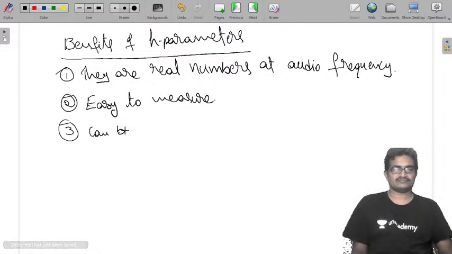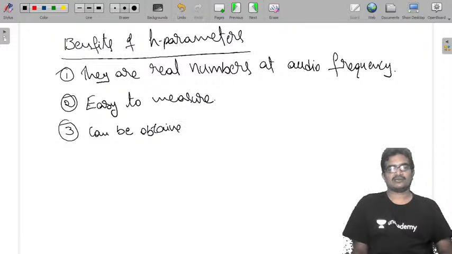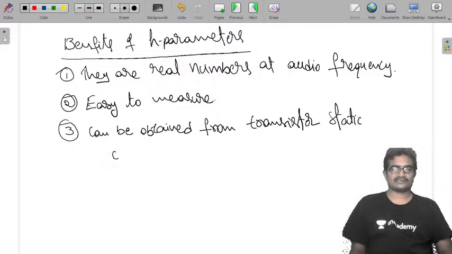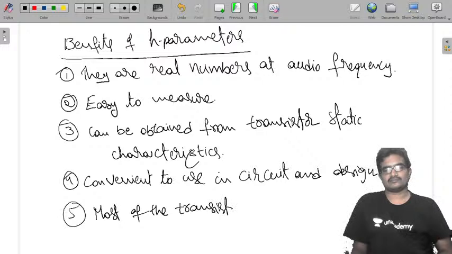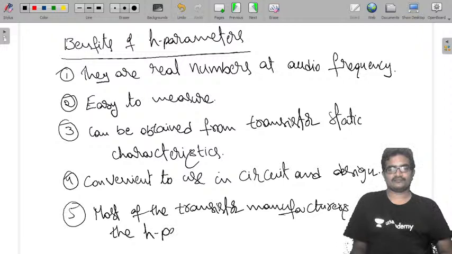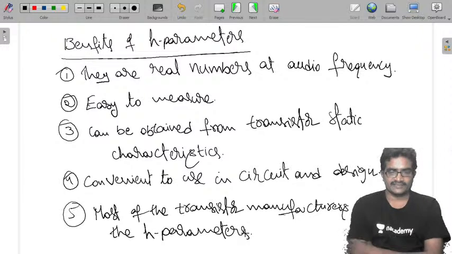Manufacturers specify the H parameters. These are the benefits of H parameters.